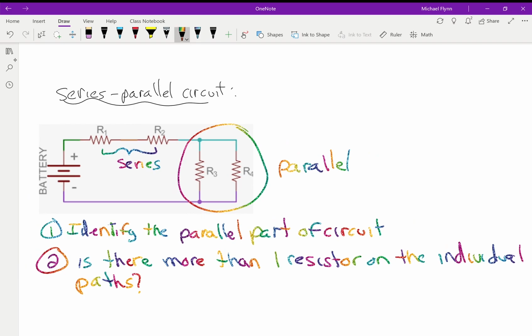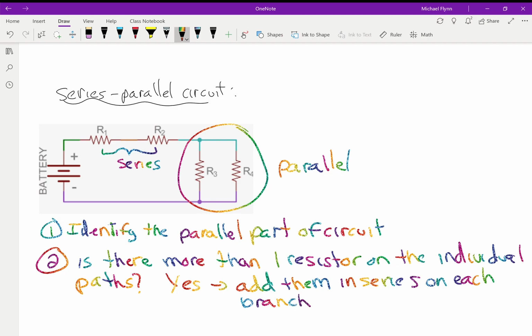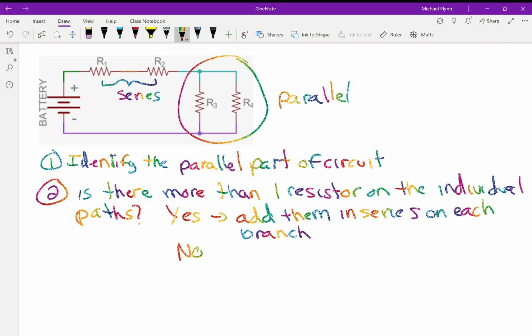If the answer is yes, add them in series on each branch. If the answer is no, you just proceed to step 3.